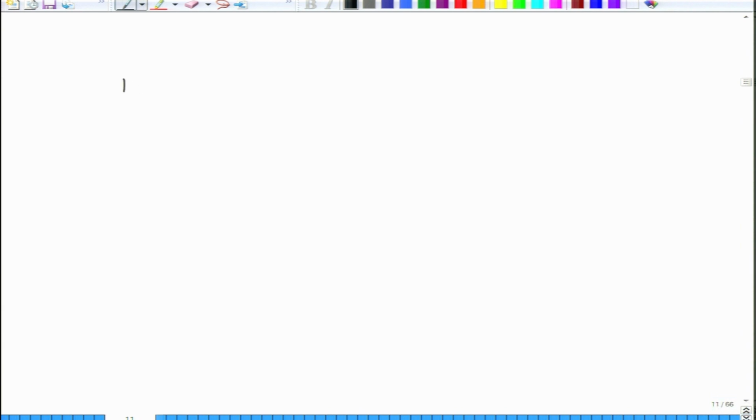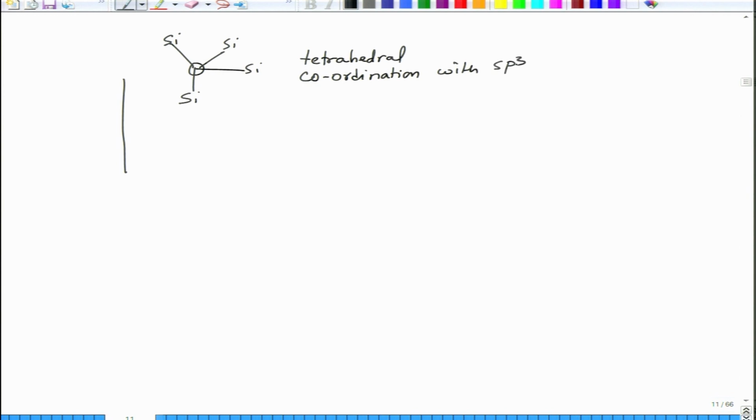You see, normal silicon has this tetrahedral bond. So, you have each silicon atom coordinated by 4 silicon atoms. Okay, it has tetrahedral coordination with sp3 hybridization, right, just like diamond.